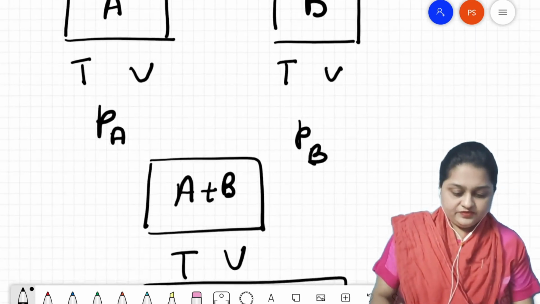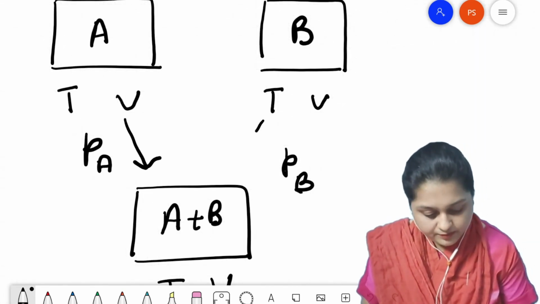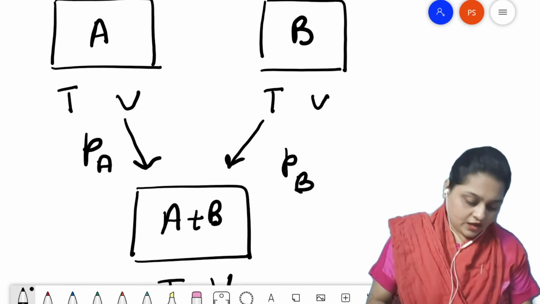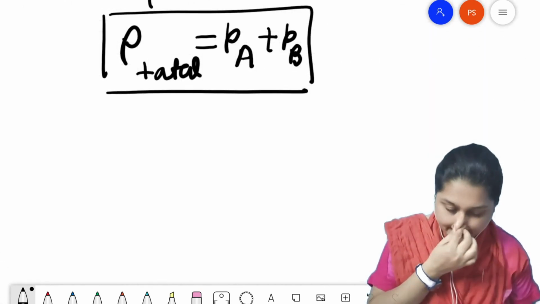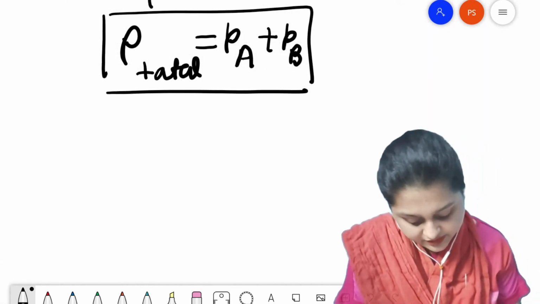This is the concept of partial pressure. Now, this partial pressure can also be calculated.